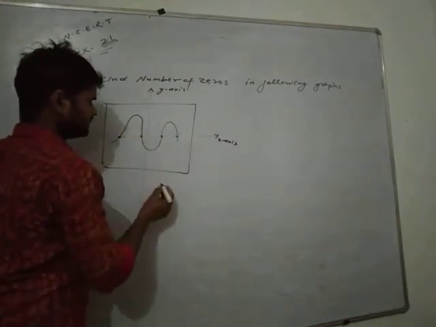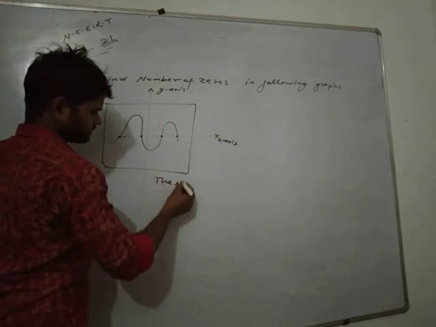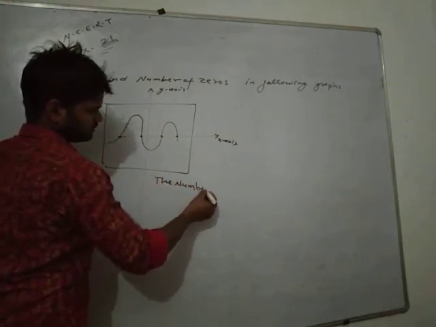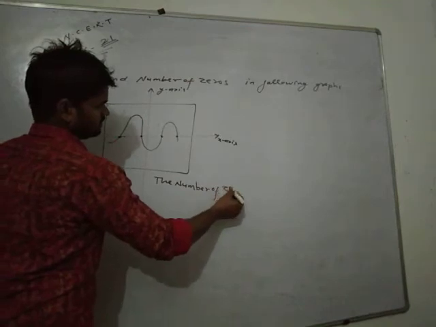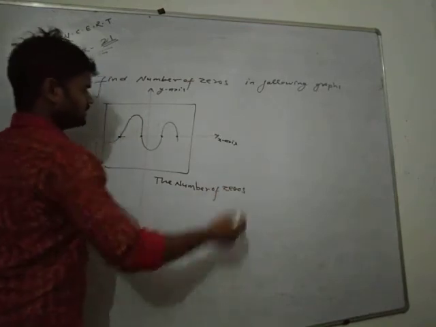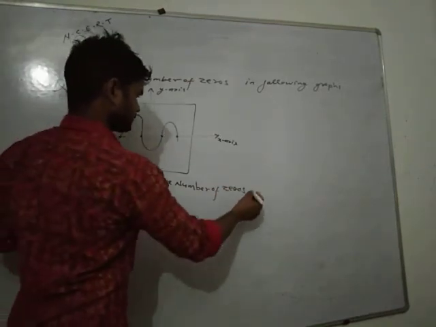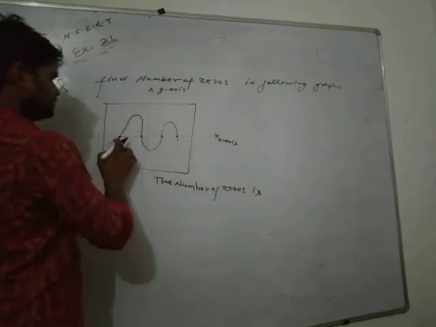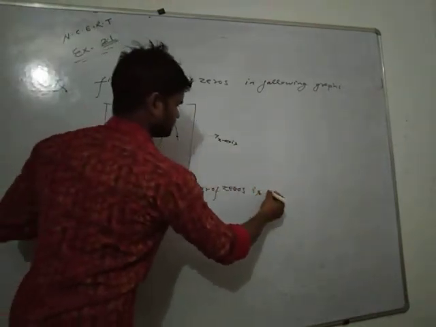So the number of zeros is 1, 2, 3, and 4.